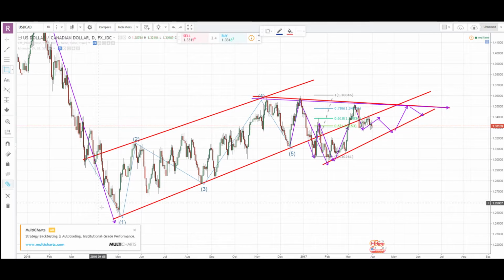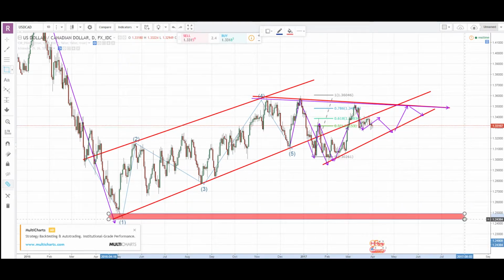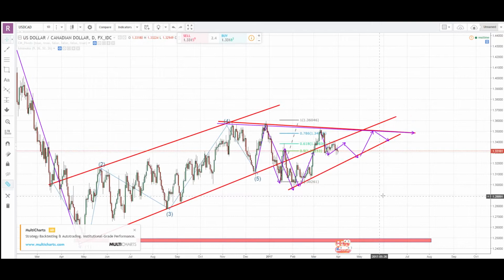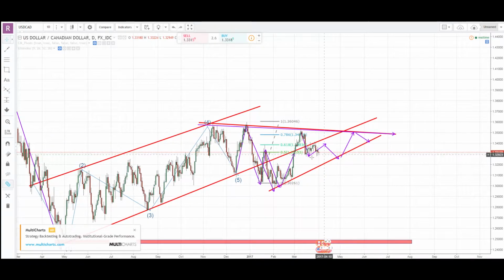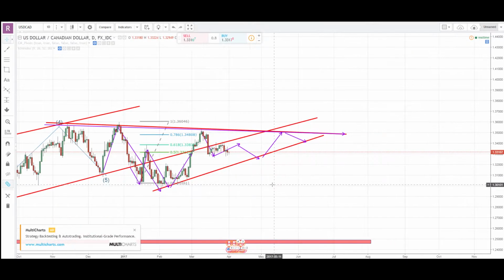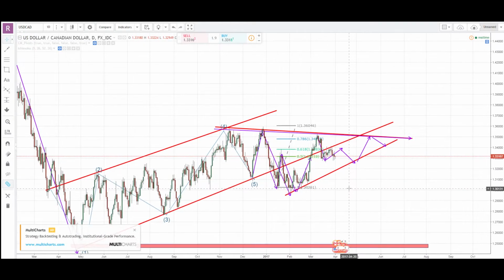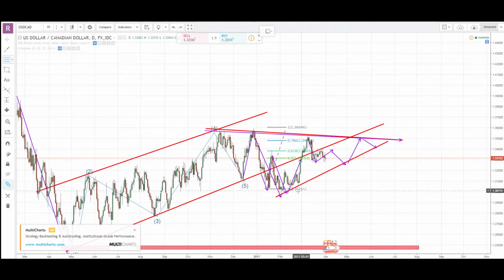Maybe our target will be this one, this peak. So we are kind of late to the party right there. But nothing is really bad.